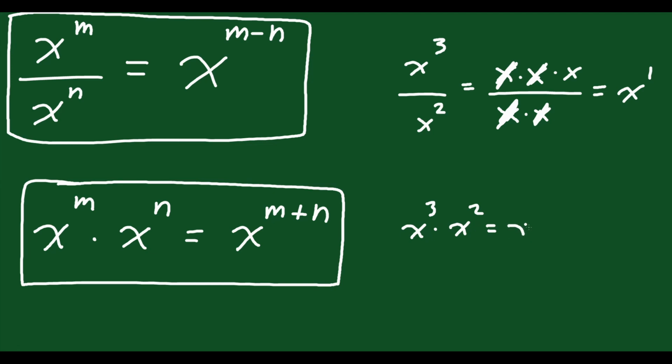Well, x cubed is x times x times x. x to the 2, or x squared, is x times x. So if you multiply all these together, what do you notice? There's 5 x's, so you're going to get x to the 5. Or really what we did was we added 3 plus 2 to get 5. So once again, you can skip this middle step and just use this rule. Add the exponents together, get your final answer. So that's another exponent rule that's really helpful that you should remember.